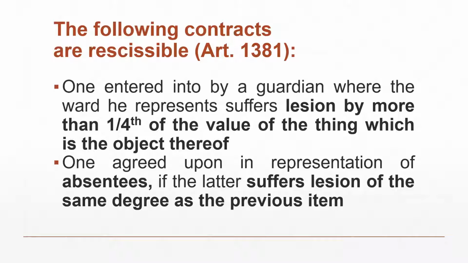So, in the legal language kasi for guardianship, we have a guardian, yung nagbabantay, taking care of the affairs, and we have the ward. Yan yung incapacitated party, yan yung minor de edad, yan yung of unsound mind, yan yung insane, yan yung demented. Yan yung binabantayan, whose affairs are being taken care of by the guardian.